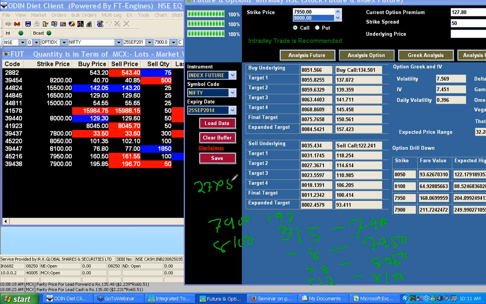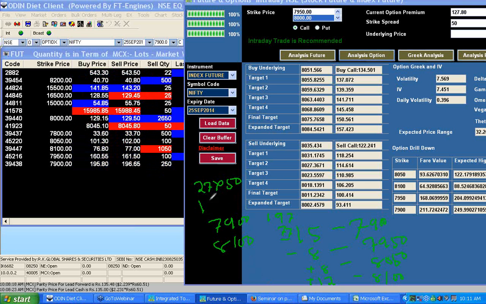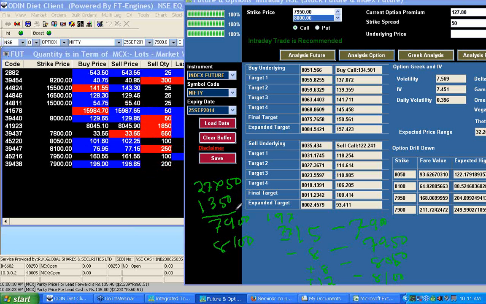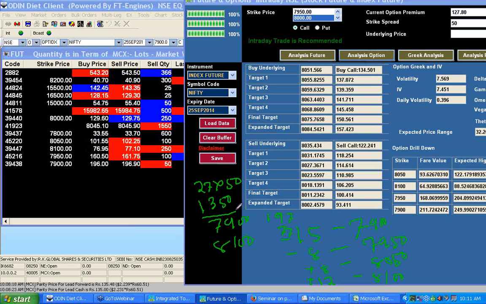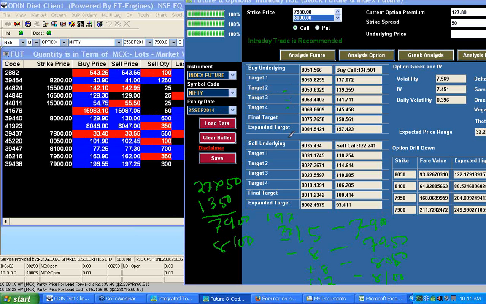With 50 as the lot size, it is almost 1,350 of arbitrage value, and you'll be getting this 1,350 if Nifty manages to close on any of these levels of target 2, target 3, target 4 by day end.